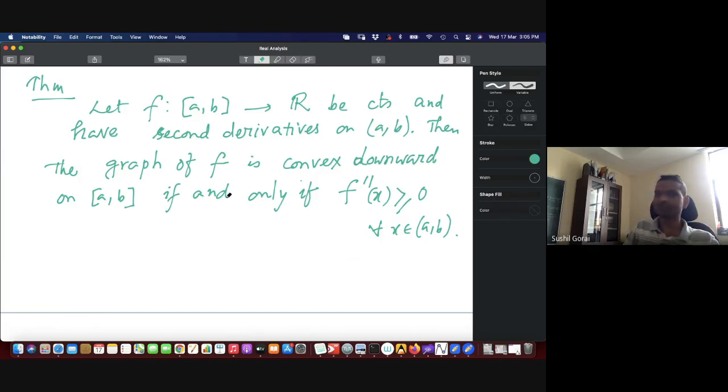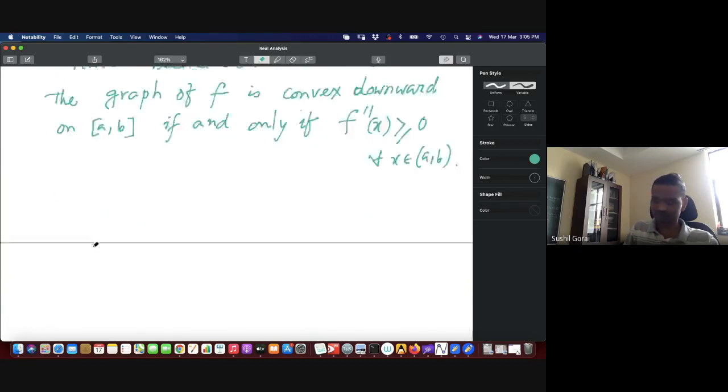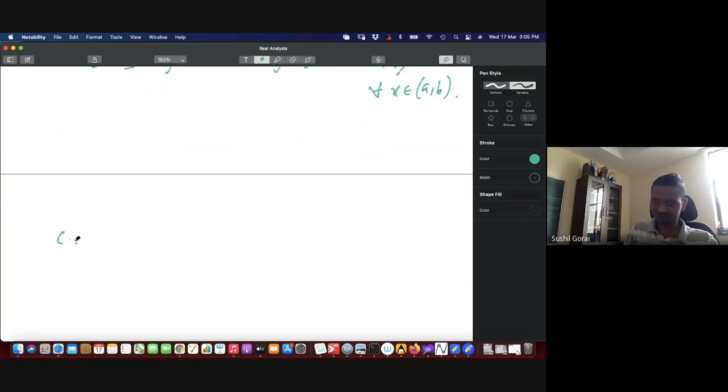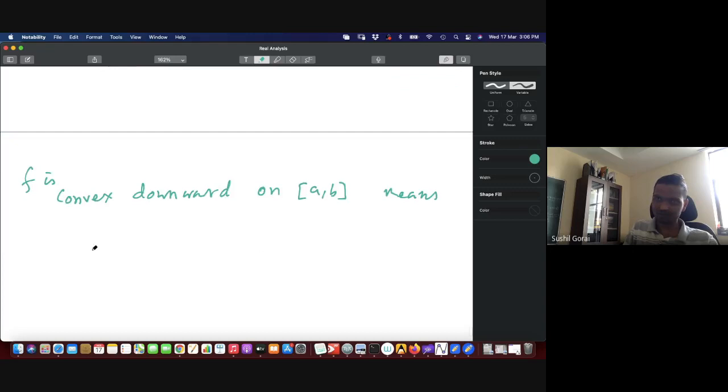All right, but what do you mean by convex downwards on a closed interval? Convex downward on [a, b] means f is convex.